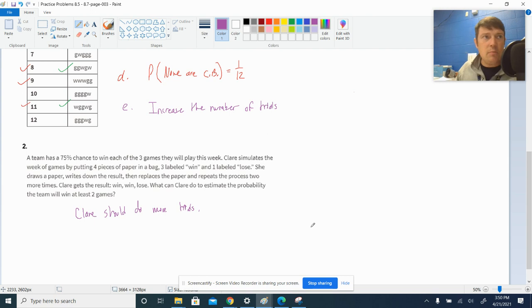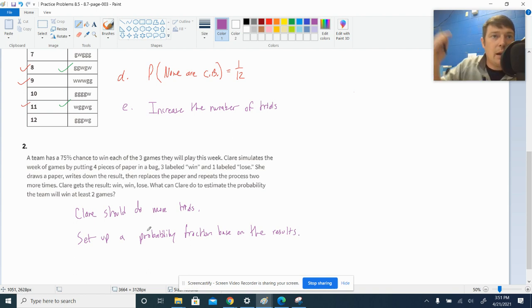After she's done more trials, say 10, 15, 20, 30 more, she can set up a probability fraction based on the results. So if she does 20 more trials, how many of those 20 did we win at least two? Set up a probability: how many out of the 20 did we win at least two? And then that would be a good estimate. But you need more trials.